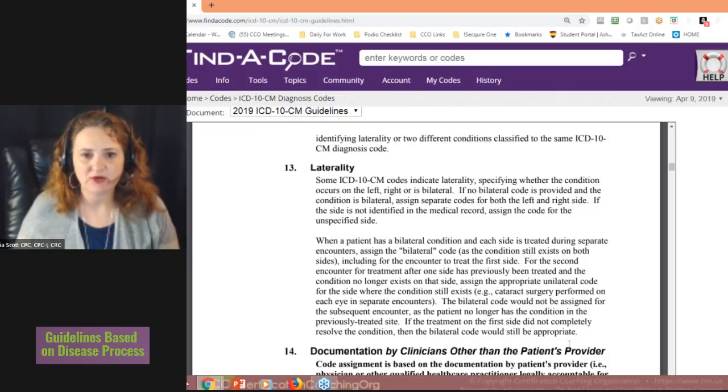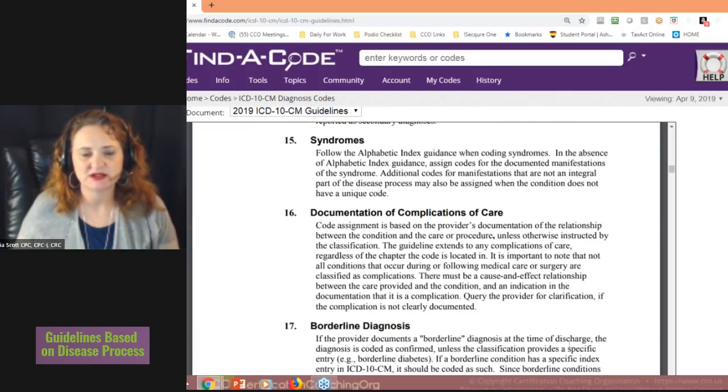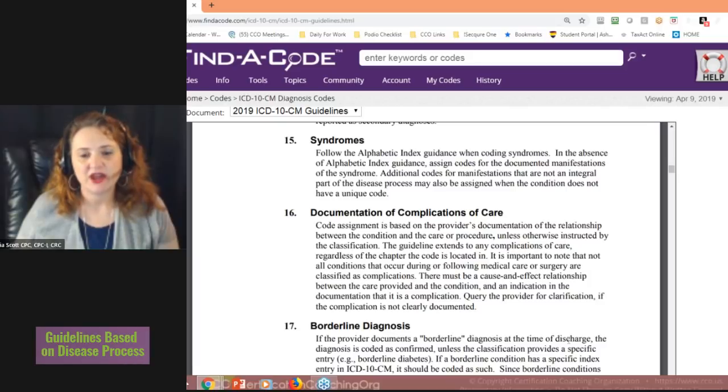Okay, let's see. Laterality doesn't really follow the disease process. Syndromes, though, follow the disease process. Whenever you have a patient that is diagnosed with a syndrome, that may or may not be classified under syndrome when you look it up, but a lot of times there will be codes for manifestations that are not an integral part of the actual disease process.